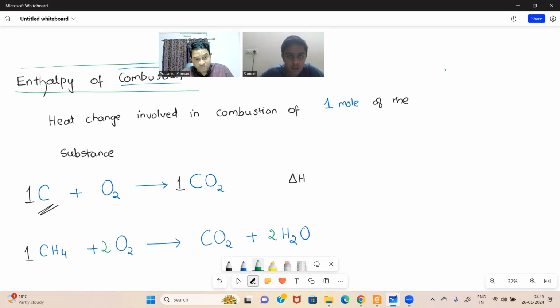So this reaction, whatever be the heat change involved, what will this be called? Delta H. That's right. It will be called enthalpy of combustion of 1 mole of that substance. Yes, 1 mole of methane. Okay. All right.